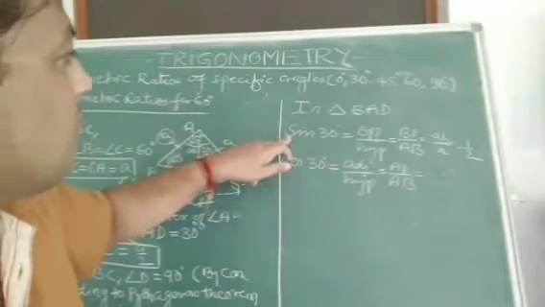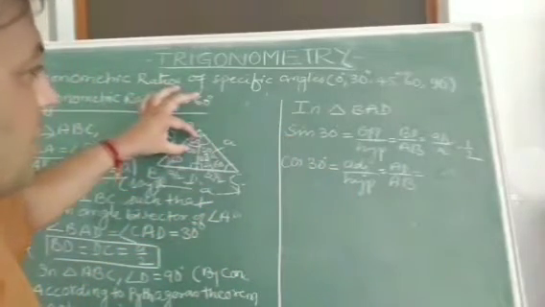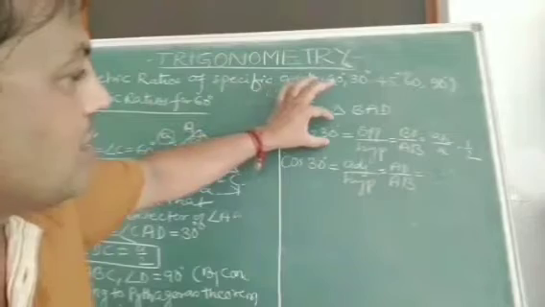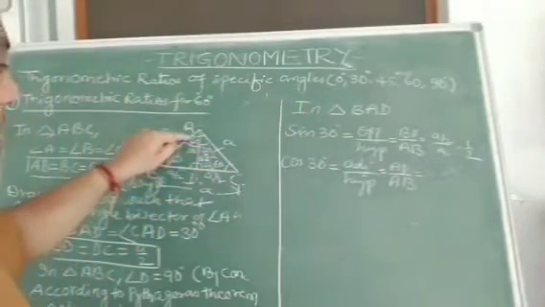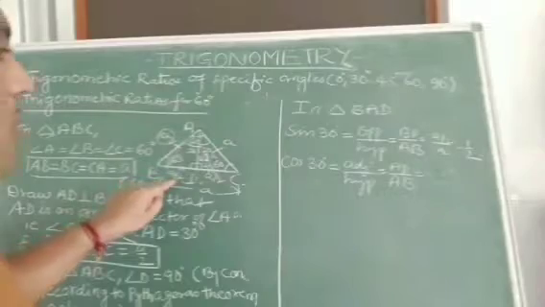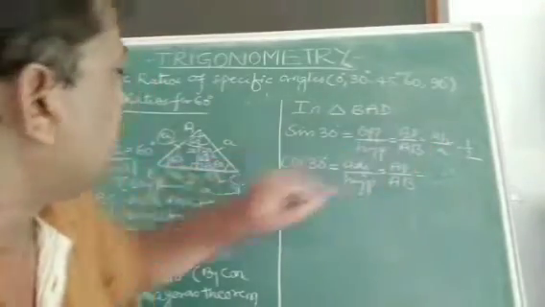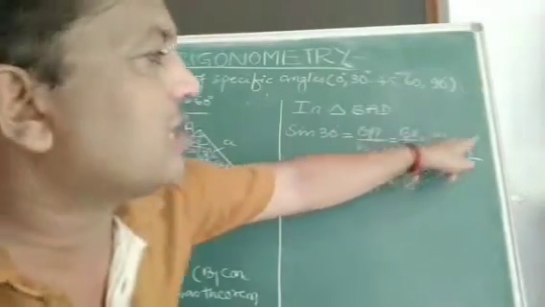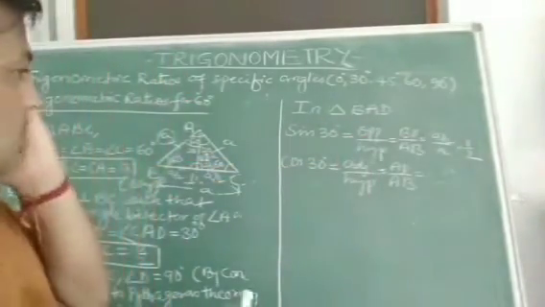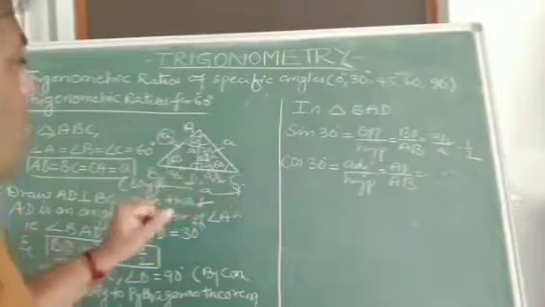So children, this 30 we are going to take. Sine 30 degree is equal to opposite upon hypotenuse. With respect to 30, the opposite is BD, that is A by 2, and the hypotenuse is AB, which is A. A cancels, so 1 by 2, children. Now children, cos 30.